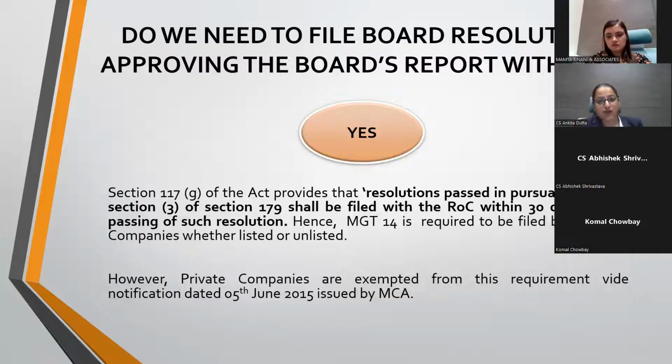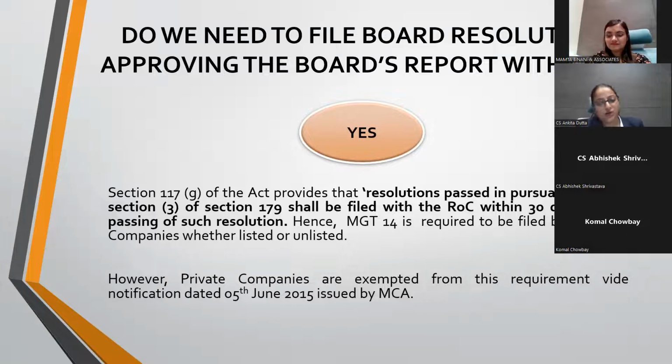So yes, you have to file the board resolution approving the board's report with ROC, as section 117(3)(g) of the Act provides that resolutions passed in pursuance of sub-section 3 of section 179 shall be filed with the ROC within 30 days of the passing of such resolution. Hence, MGT 14 is required to be filed by all public companies, whether listed or unlisted.